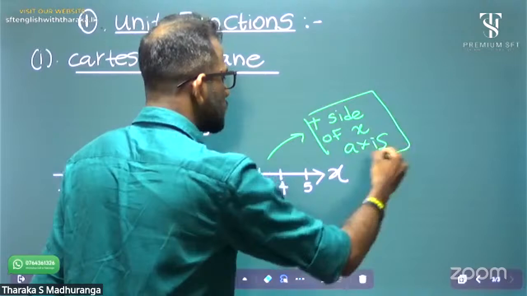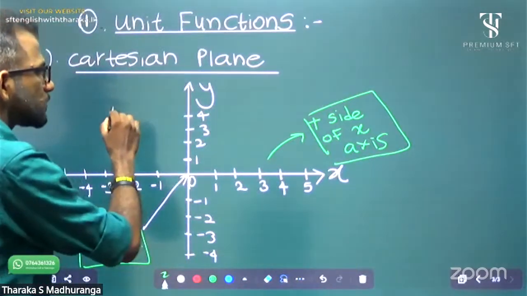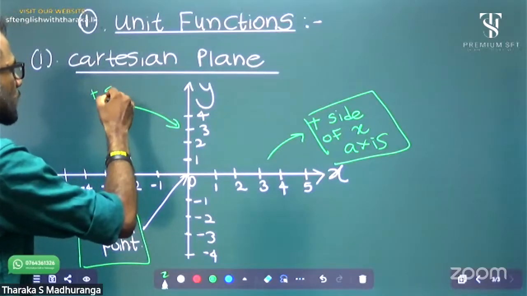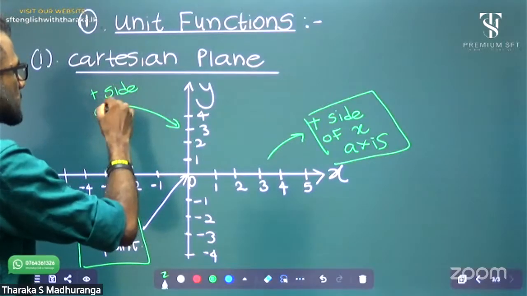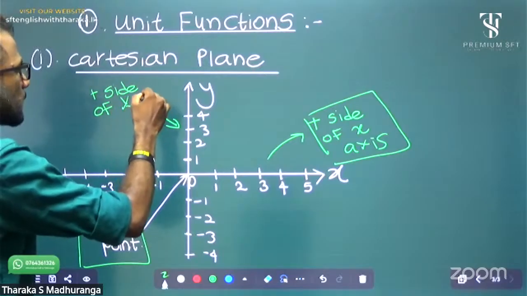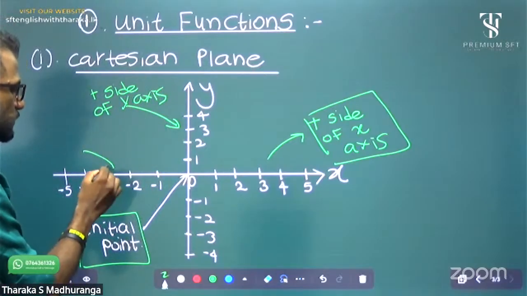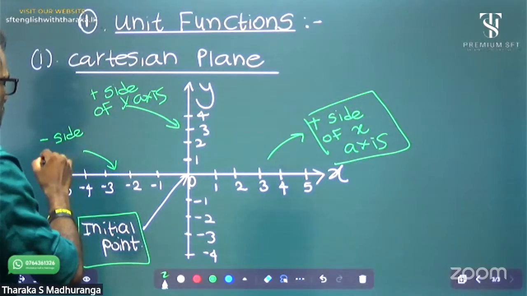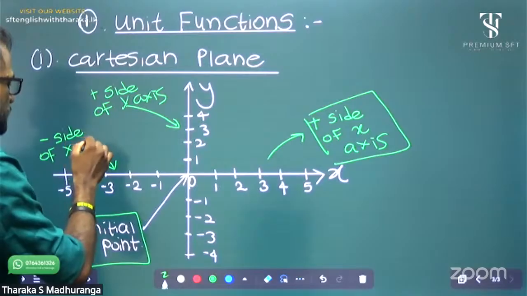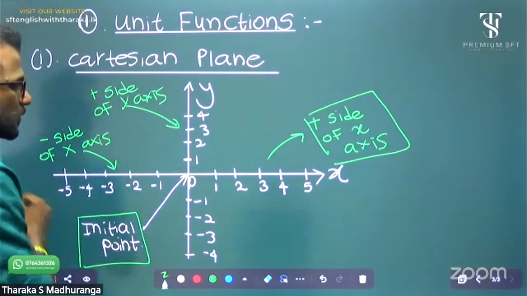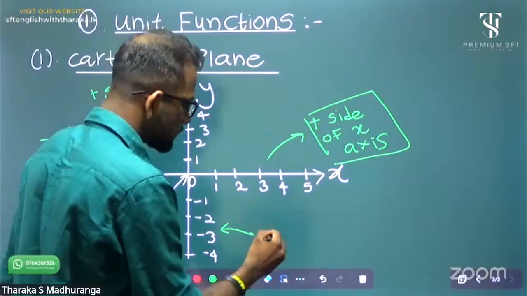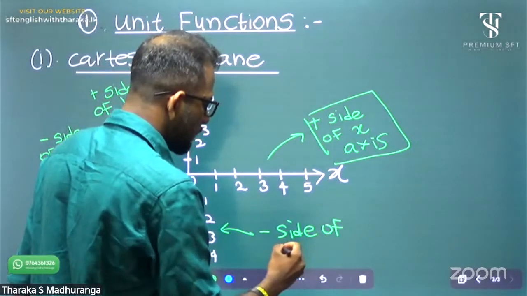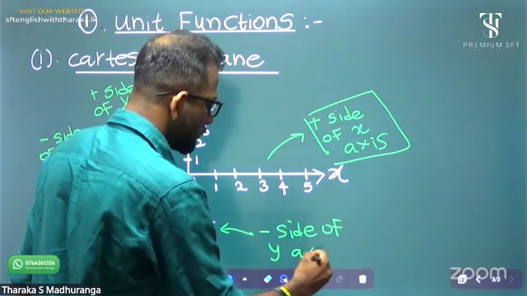This is the positive side of the y-axis. This is the negative side of the x-axis, and this is the negative side of the y-axis.